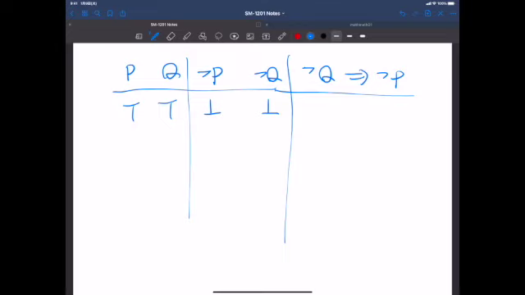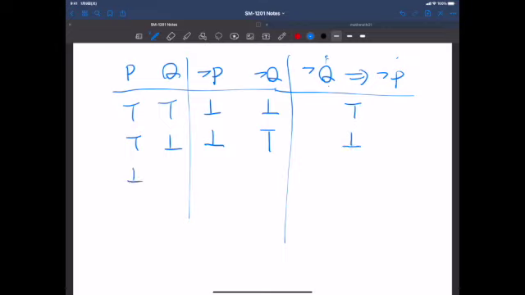So false is this part, so this should be true, right? And if this is true and false, then that's false and true. So this part is true and this part is false, so this should be false.